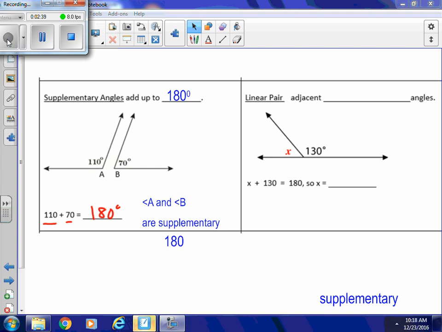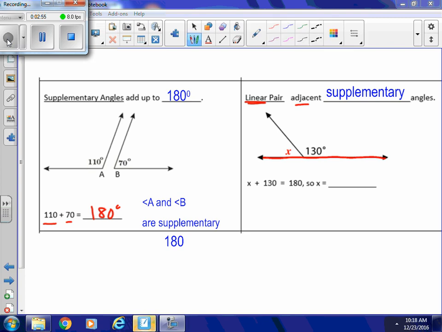Linear pair. So a linear pair, see the word line in there? A linear pair forms a line and they are adjacent to each other. And they are also supplementary angles. You might remember in the past that a line has 180 degrees in it.